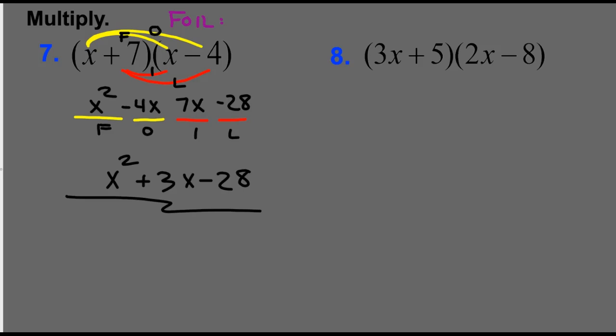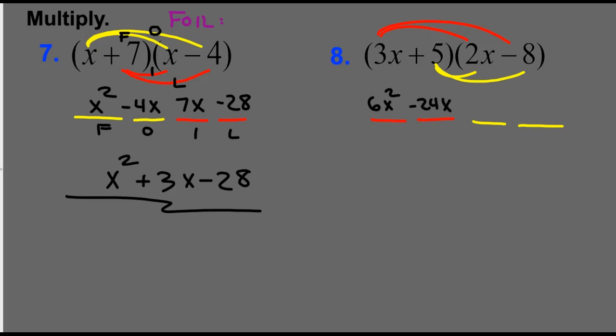Okay, if we FOILed this next one out, same thing, double distribute. There. Multiply the 5 by each term. So first term is going to be 3x times 2x is going to be 6x squared. Some people forget the squared for some reason. Some people accidentally add those and get 5x. 3x times -8 is going to be -24x.